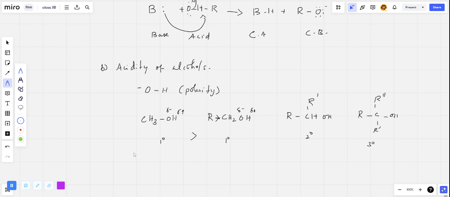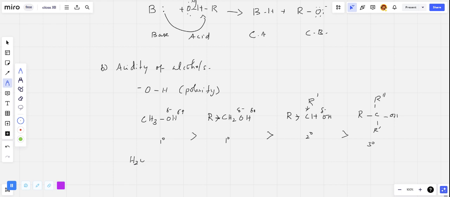So acidic character is reduced. Here there are two alkyl groups. Still it increases the electron density over oxygen and still reduces the acidic character. So acidic character decreases in this order: primary, secondary and tertiary. But all are acids only. Alcohols are weaker acids than water.